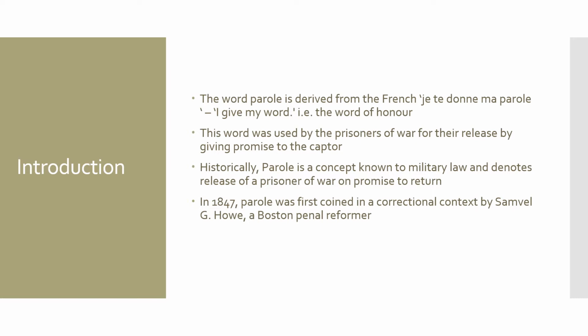The ticket to leave system was reformed, and this led to what many consider as the world's first parole system. The prisoners who were served indeterminate sentences, that is, open-ended sentences, could now be released if they showed evidence of reforming and rehabilitation.